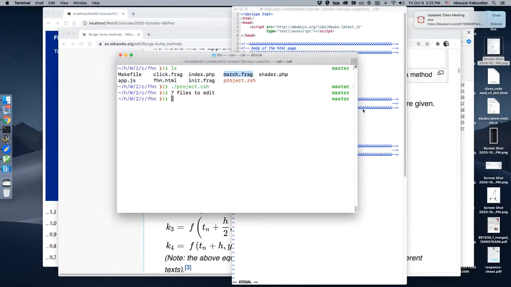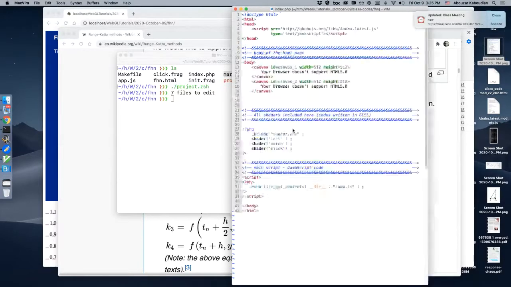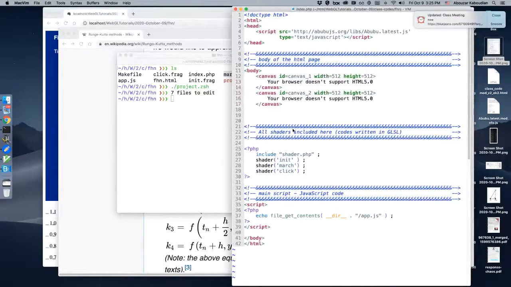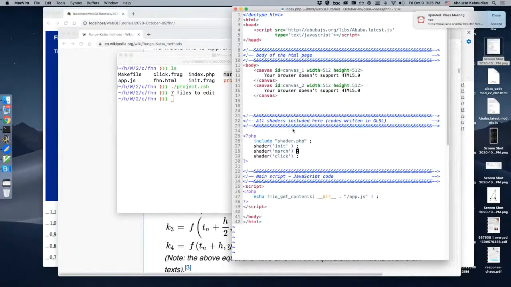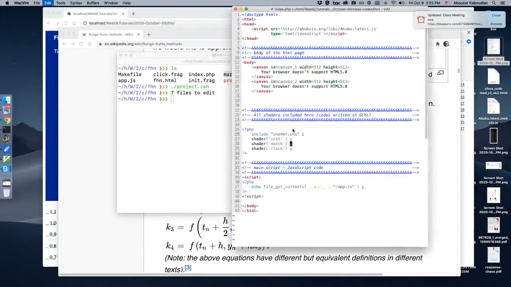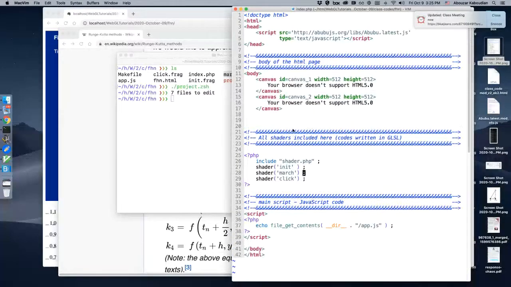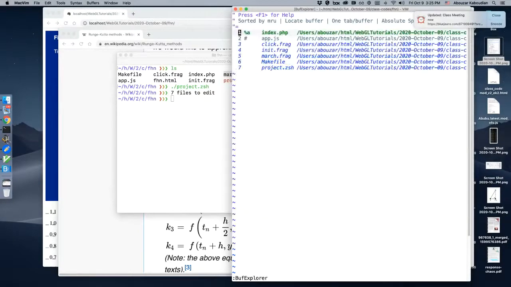And since we are going to concentrate on the time marching, we are going to work with the march.frag. So maybe make it smaller. I think we don't need to split it today. And I can concentrate on the march.frag.